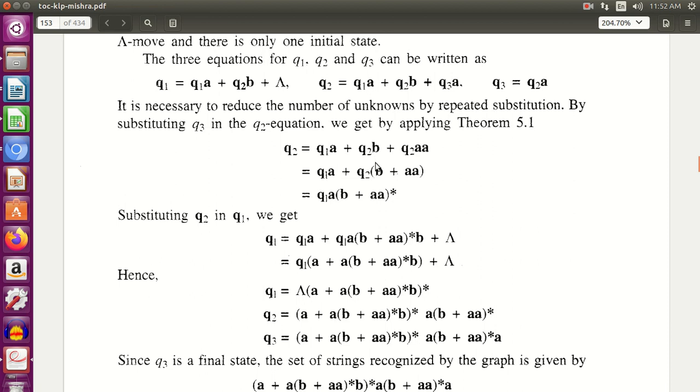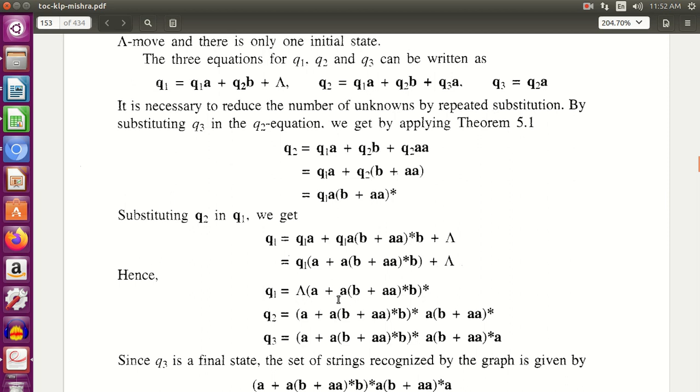So I started solving for q2 and found a value depending upon q1. So I again started solving for q1, and finally I got a value in q1 which is independent of any states. Once I got that value, I put it in the equation of q2 to get the value of q2, and again finally in the equation of q3, because that was our ultimate goal, to get the expression for q3.